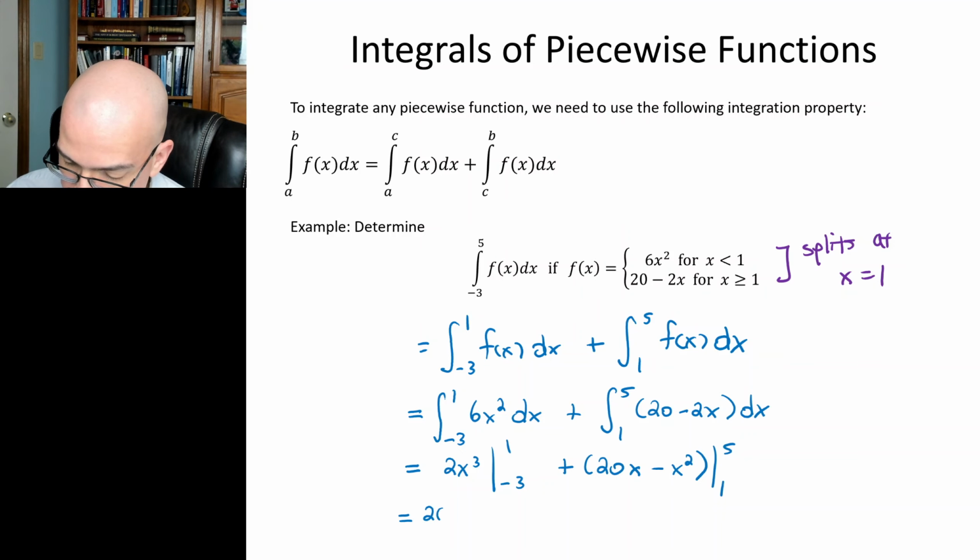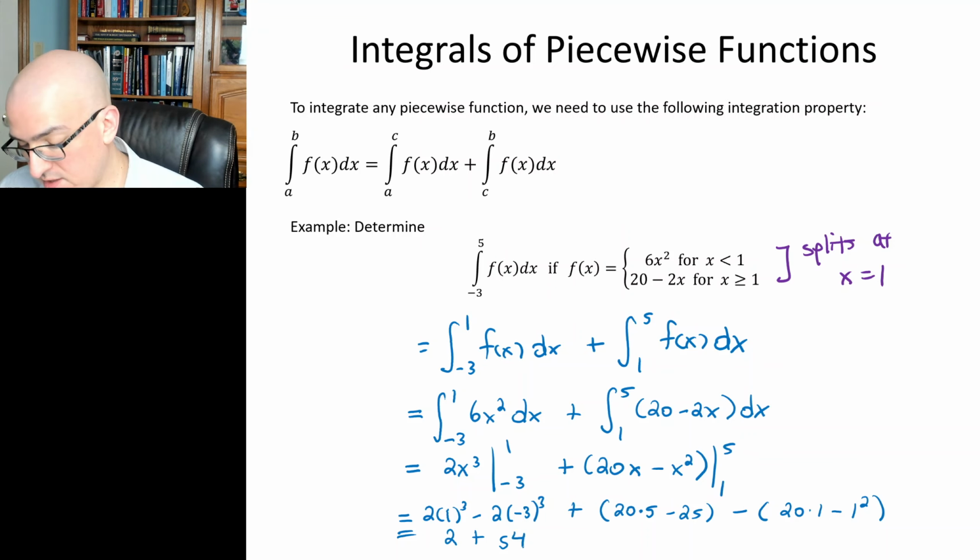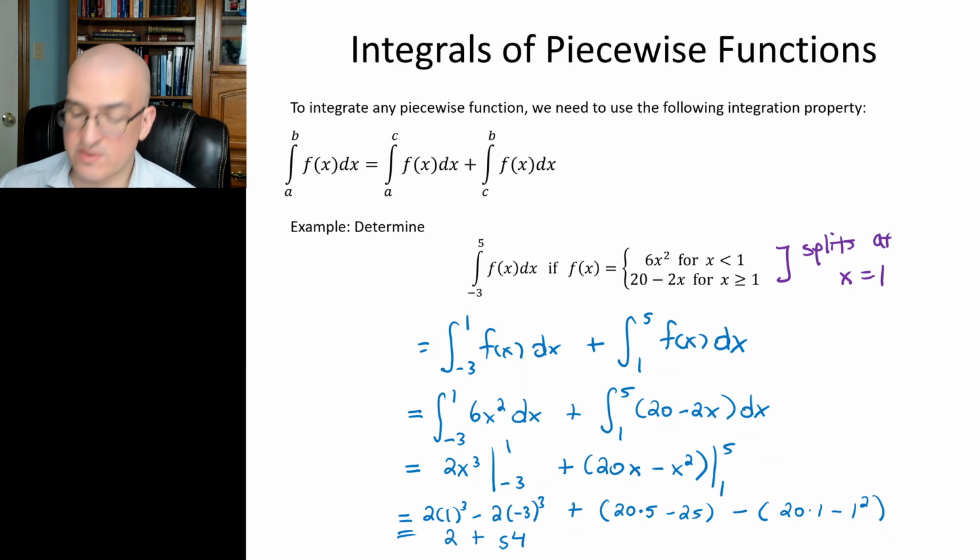So I have 2 times 1 cubed minus 2 times -3 cubed, plus the top bound here, 20 times 5 minus 25. Subtract the lower bound, 20 times 1, subtract 1 squared, and then simplify. So 2 plus 54: 3 to the 3 is 27, -3 to the 3 is -27, times -2, positive 54.